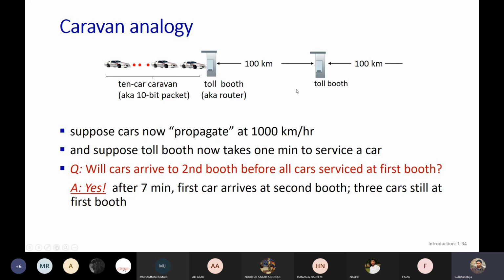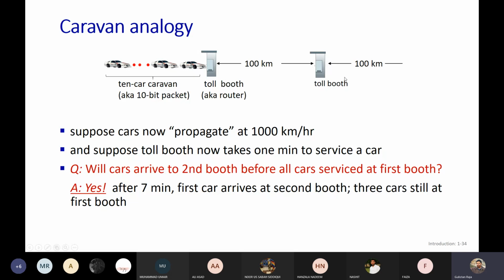But again, because it is a packet switch network, it is a store and forward concept. The second router has to wait for all the bits before it can process the packet. Or you can say that second toll booth will not emit the cars onto this link until all cars arrive at this toll booth.